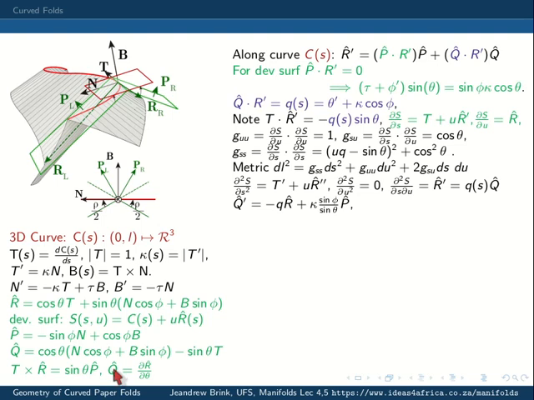So if you take the derivative of this thing, you would have to take d/d theta of this thing times d theta ds, plus d/d phi of this thing times d phi ds.